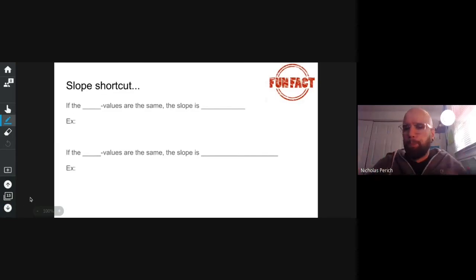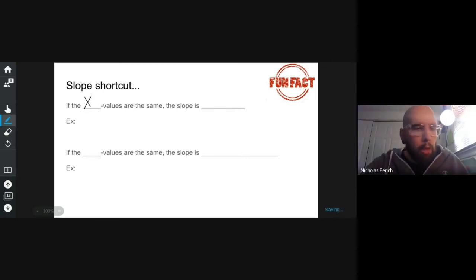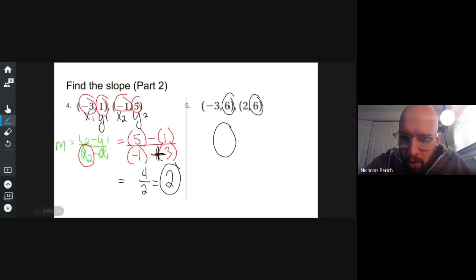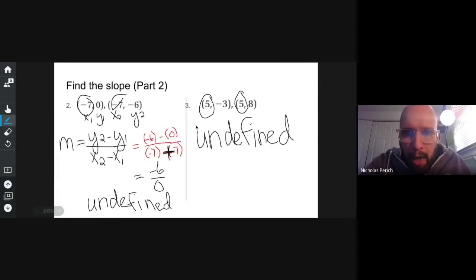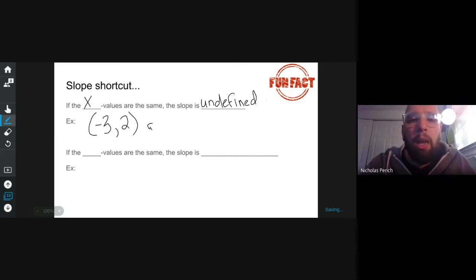So, fun fact. Back here, the y values were exactly the same, and back here, the x values were exactly the same. When the x values are exactly the same, the slope is undefined. Like negative 3, 2 and negative 3, 8.